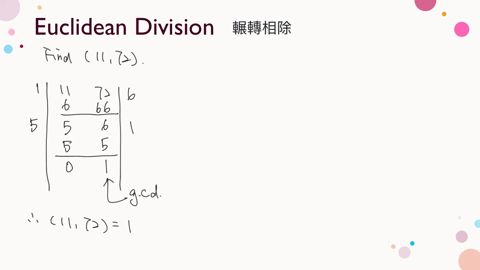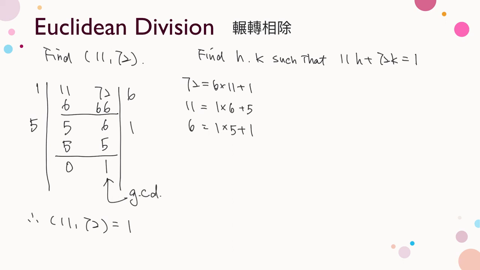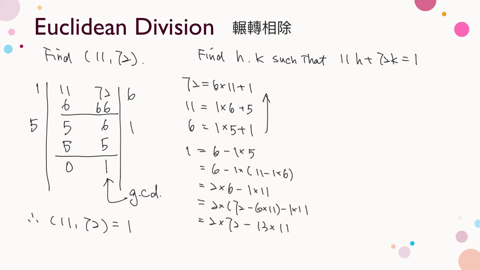With the result shown in the Euclidean division, we can find two integers h and k such that 11h plus 72k equals 1. From the Euclidean division, we can put down the division step by step. Then, by backward substitution, we can work back and get the values of h and k.